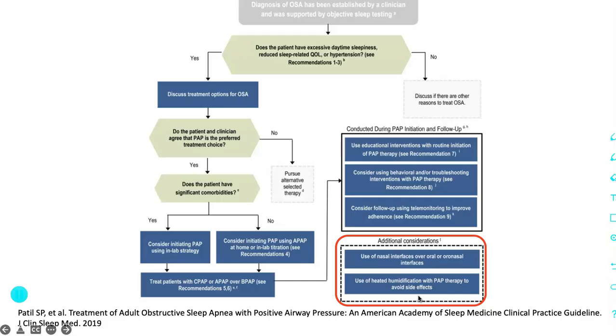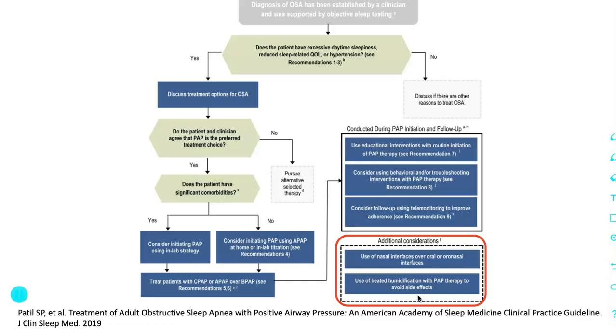So such a recommendation is made based on the studies, and there are several randomized controlled trials and meta-analyses done to evaluate the effect of different PAP interfaces on apnea hypopnea index, adherence, sleepiness, quality of life, and the effect on side effects.